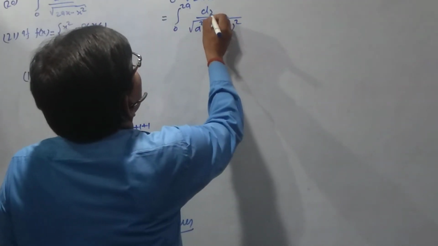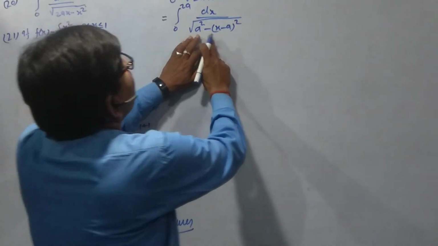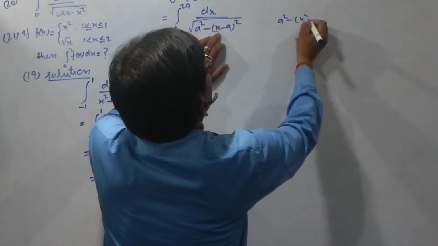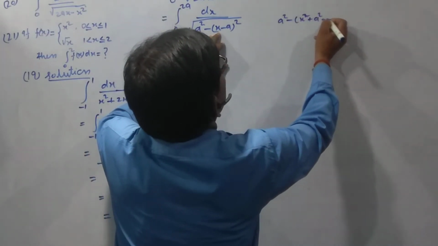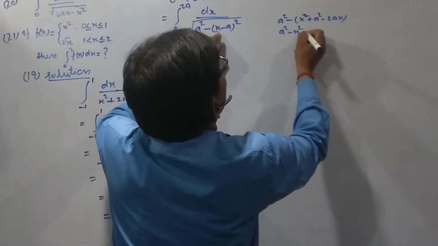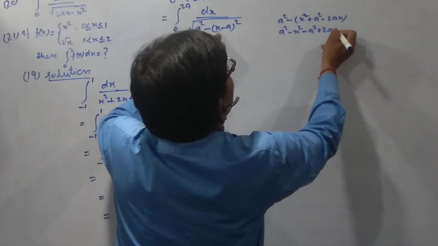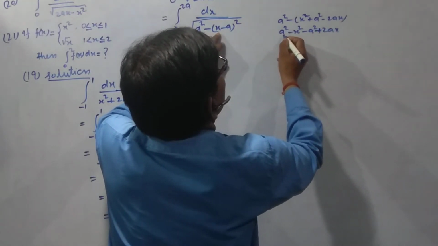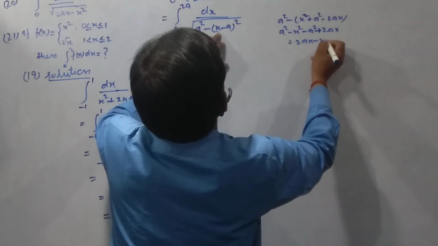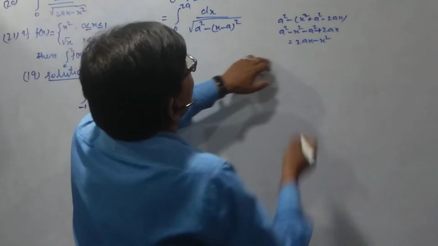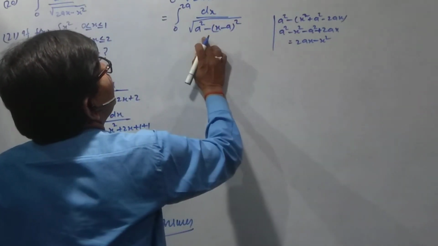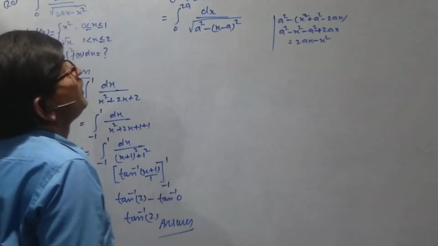If we simplify, this is a square minus x square plus a square minus 2ax, so a square minus x square minus a square plus 2ax. This and this cancel, so this is equal to 2ax minus x square. There is no change in the value, so it can be written in this type.